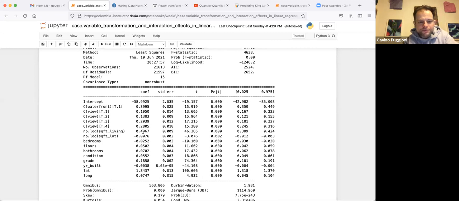All right. So how do we interpret this? So the coefficient is 0.4. So what is the interpretation of this coefficient?